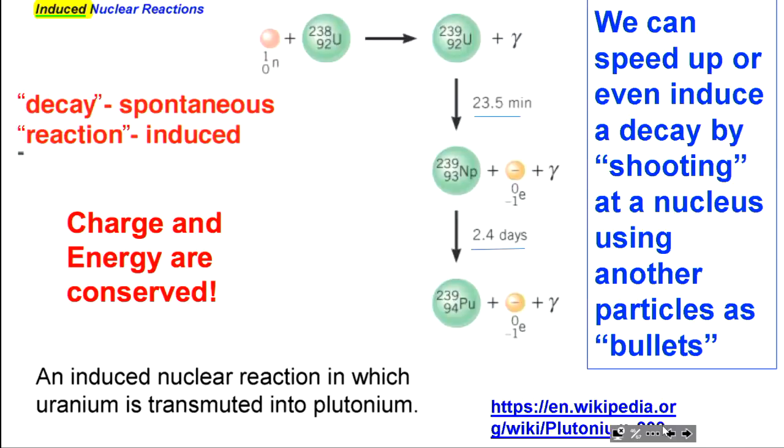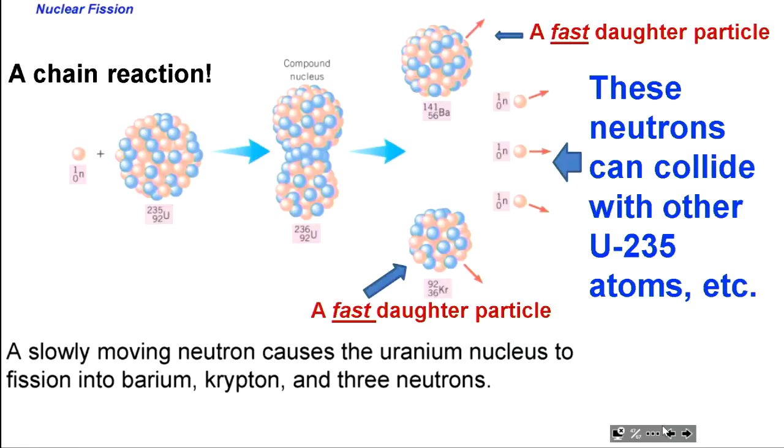Well, we shoot a neutron, the nucleus gets excited, decays much faster, and actually there is a chain of changes. So we call it a chain reaction, and this is a different chain reaction which happens much faster.